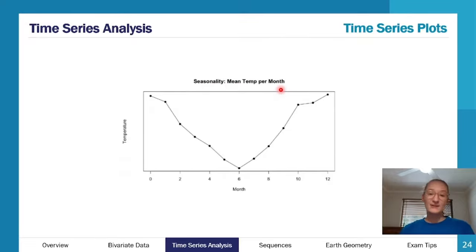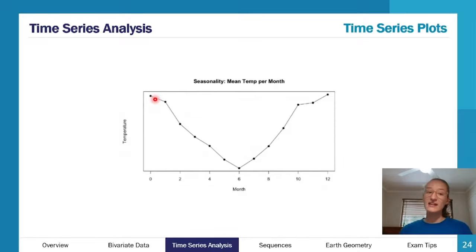But this time series plot is about the mean, or average, temperature per month. So our response variable, which is graphed on the y-axis, or the vertical axis, is temperature. So here we're interested in how temperature changes over time. That's what we're looking at.